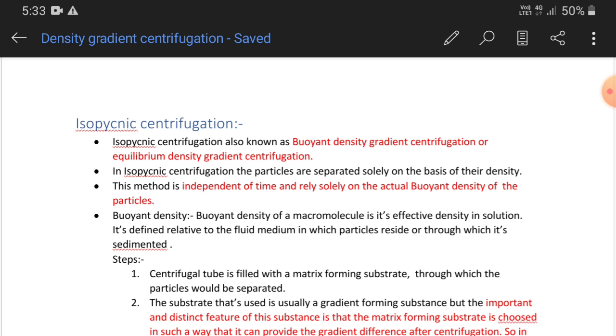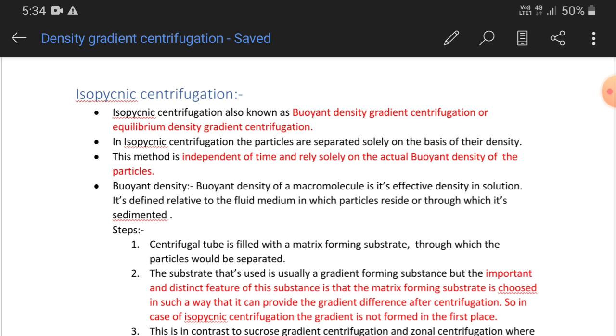In rate zonal centrifugation, the separation is on the basis of size and density, and you will get your gradient before centrifugation, and in isopycnic centrifugation the separation is solely on the basis of their buoyant density, and the gradient will form after centrifugation.